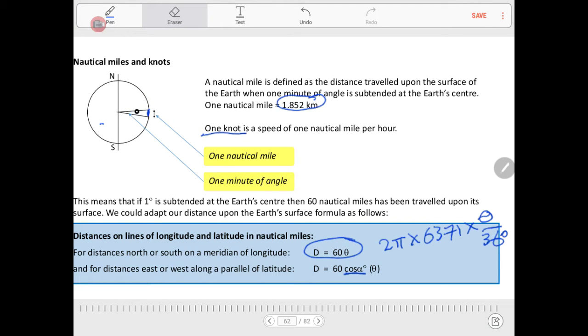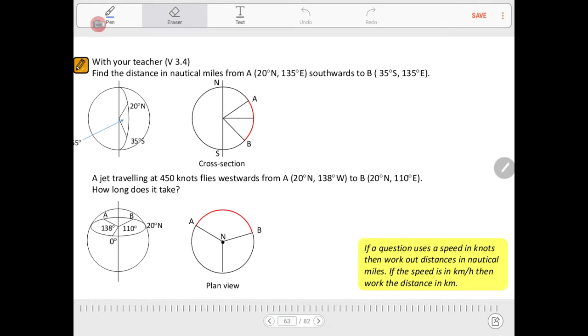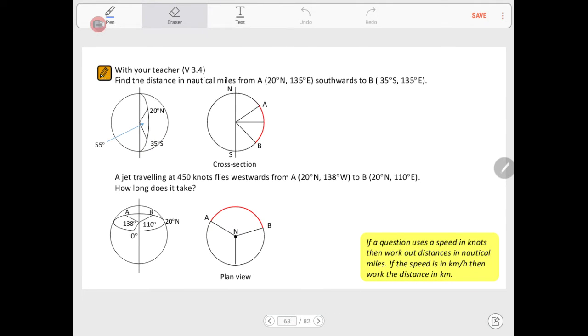Okay, so let's have a look at a couple of examples on the next page. So here we've got a north-south situation, so we'll be using the first formula for this one, d equals 60 theta. Now this second example looks a bit different because we're told the speed of a jet.